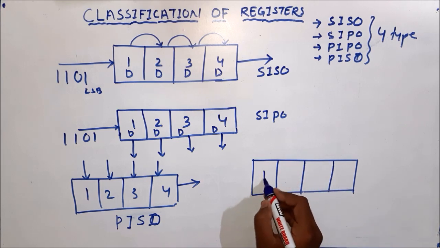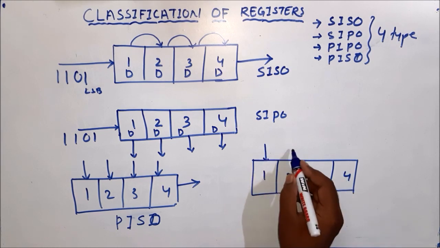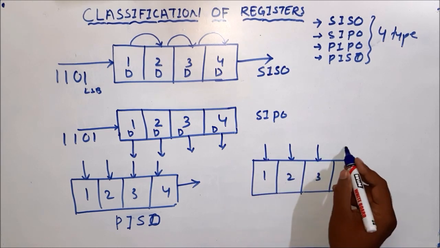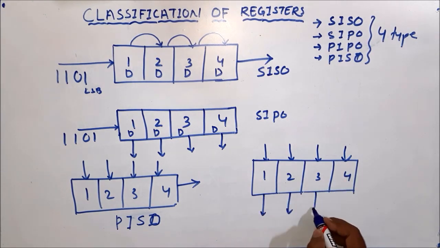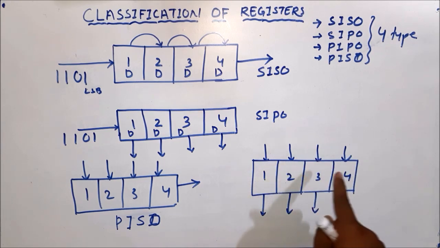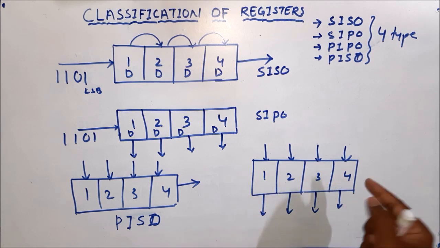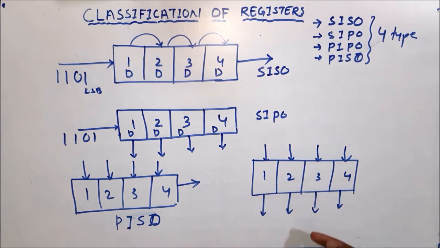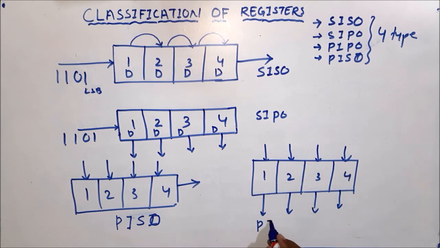Let us consider this is flip-flop 1, 2, 3, and 4, and we are giving the input here, here, here, and here, and taking the output from here, here, here, and here. You can see each individual input bit is passing through an individual flip-flop, and from those flip-flops it is getting out. So this is parallel input and parallel output.